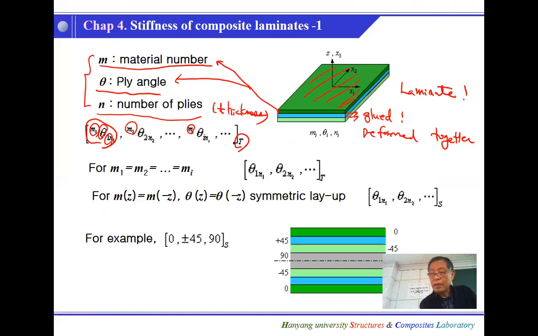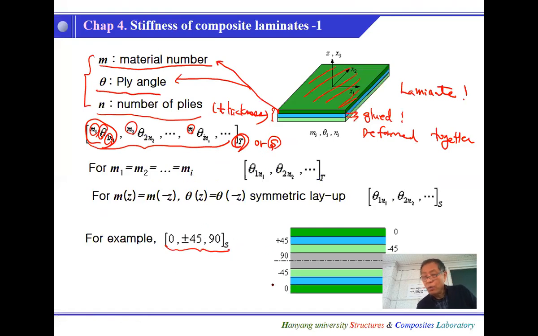And there is another symbol at the end, either T or S. T means a total laminate sequence, and S means symmetric. So you show the sequence, just half of them, and the others will be the same, mirror images, okay? Mirror images.